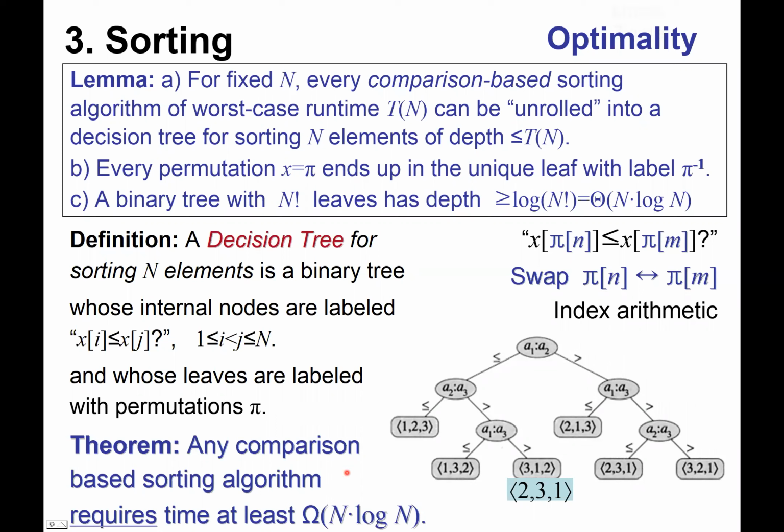And indeed, we have devised 2 such algorithms, one for sorting integers from a certain range, 1 to capital M, and another algorithm for sorting binary strings of length small m.